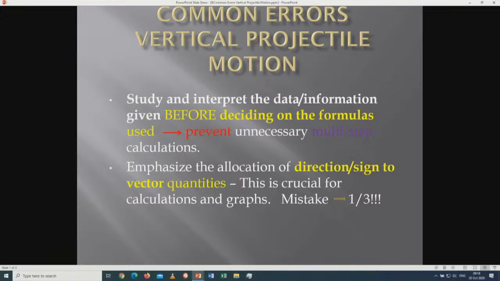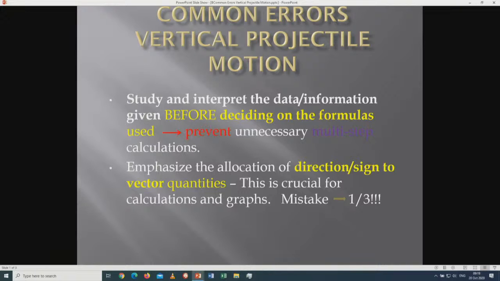So your velocities, initial and final, your displacement, delta y, your gravitational acceleration, those are all vector quantities. So make sure that you choose, say for instance, upwards as positive, and then you assign signs to each specific value given for initial velocity or whatever.